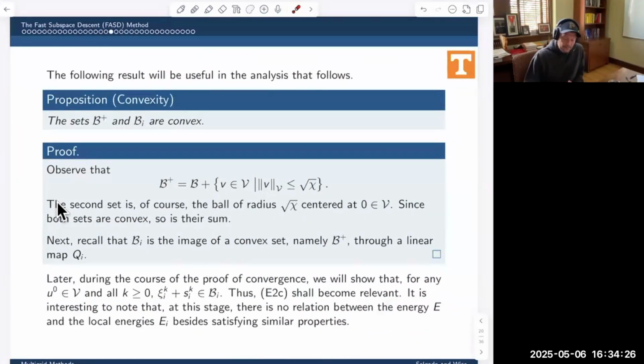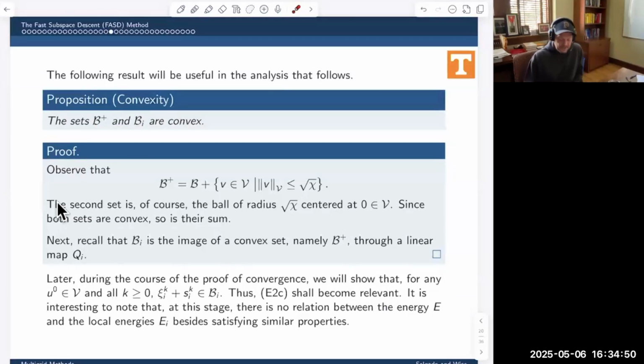Well, the first thing we would need to know is that this puffed up set B plus, and also B_i, which is the projection of B plus through the linear projection map Q_i, are both convex. Actually, that's stated here.